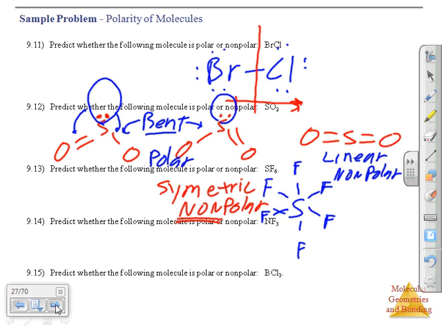Now we're talking NF3. Draw this one here. N, F, F, and F. And again, we have this lone pair of electrons on that central atom. Again, making this big electron domain, pushing these atoms down, causing it to be trigonal pyramidal.